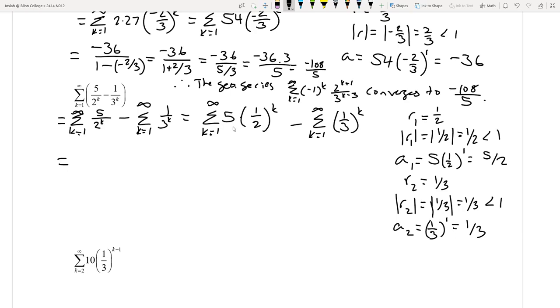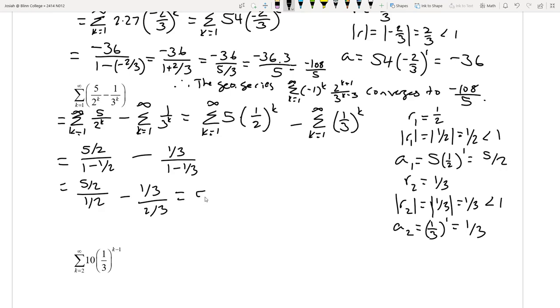And so as a result, we can use the same formula on both of these guys. We've got a sub 1, which is 5/2, over 1 minus r sub 1. That's our first series, minus our second series, 1/3 over 1 minus 1/3. So we've got 5/2 over 1/2, minus 1/3 over 2/3.